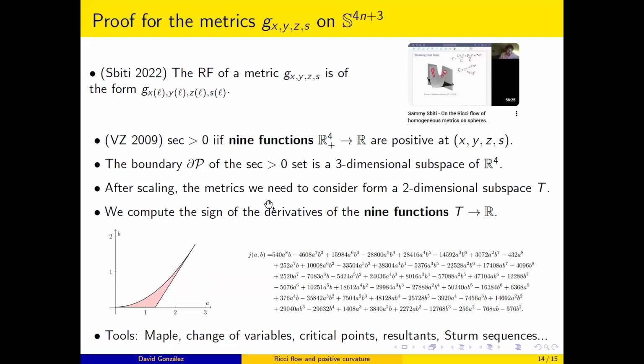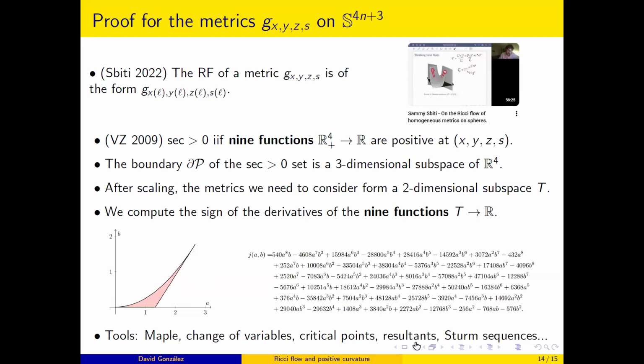As I said, there are a lot of symmetries in these 9 functions, and we do a change of variables. That's why you see A and B here, which simplifies things. We need to study critical points of these functions inside this set.